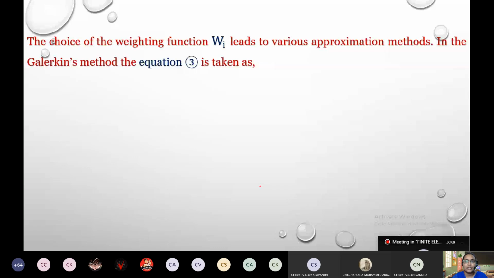That is the main important part in reaching the solution, and the type of method you choose depends on it. The choice of weighting function W leads to various approximation methods. Only one particular method does not have to be followed to get W i; you can take any type of methodology.